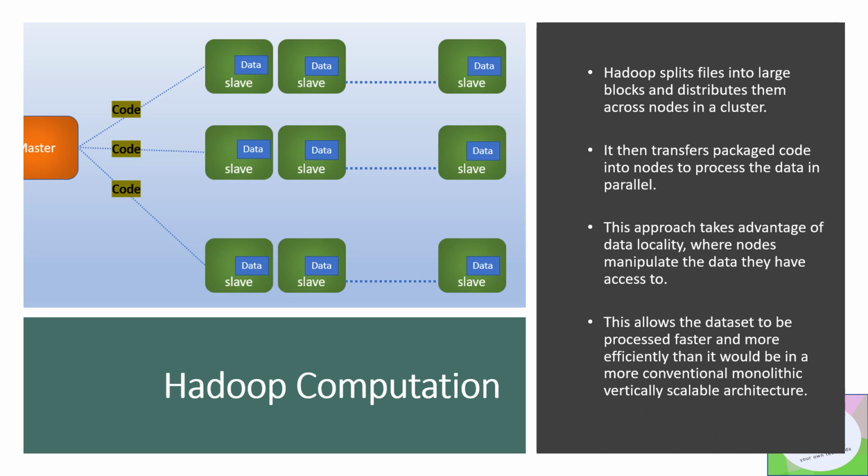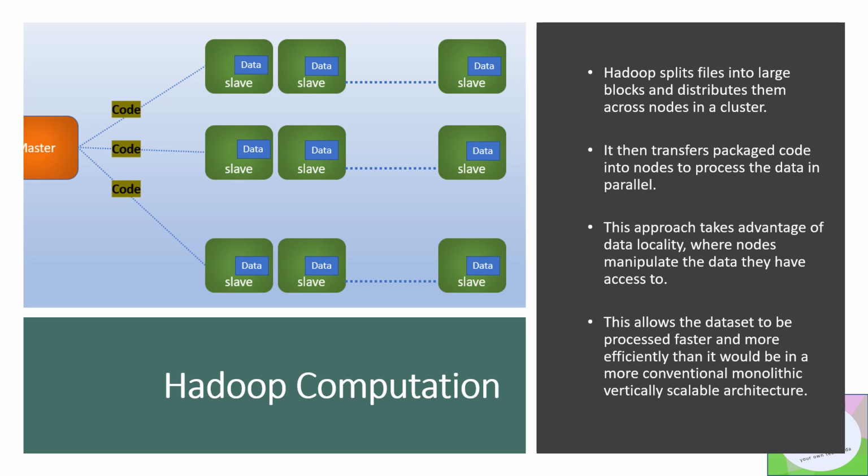Using this approach, we have saved network bandwidth and network overheads because we're not making data travel over the network. However, we're making code snippets travel over the network, and code snippets are comparatively very small next to the big data, petabytes and terabytes of data we're talking about. This allows the processing of the entire data set much faster, because all the processing would happen in parallel. That will also increase the overall throughput of the entire system.